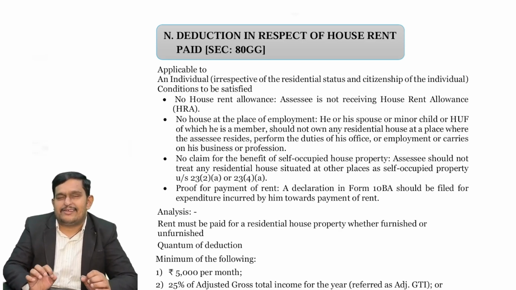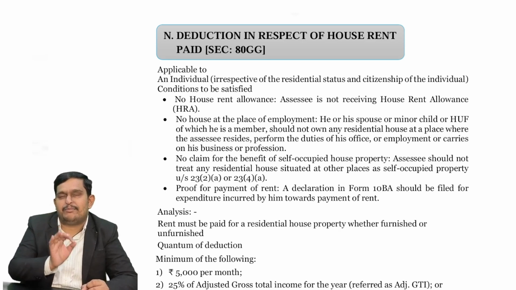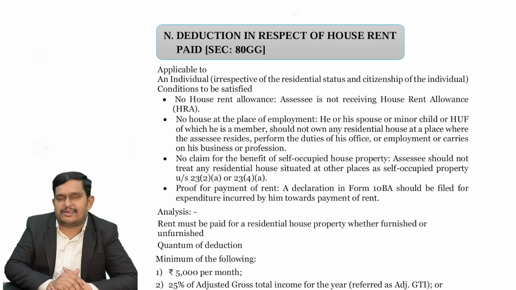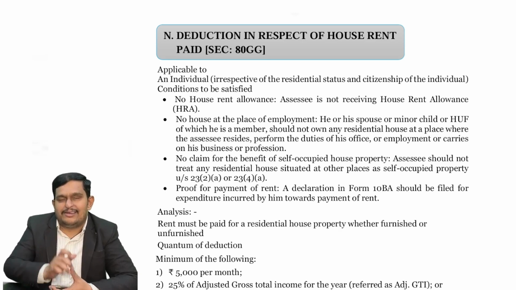Now, conditions. 4 conditions are there. First, not in receipt of HRA. Not having own property at the place of employment or at the place of business or profession, and not staying in own property of his spouse, HUF or children.